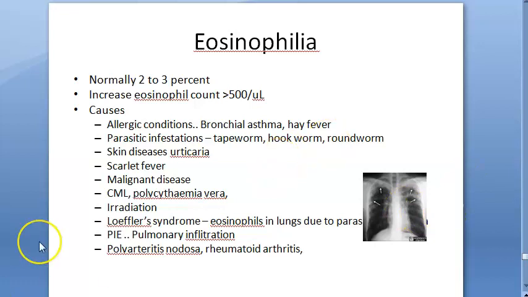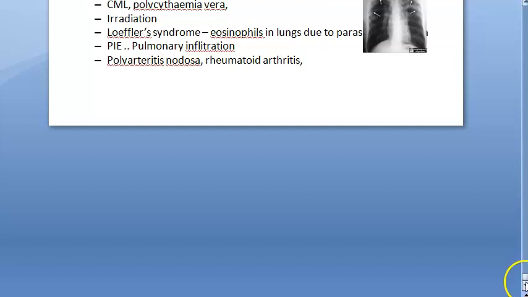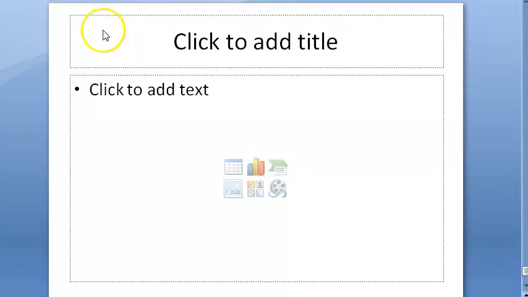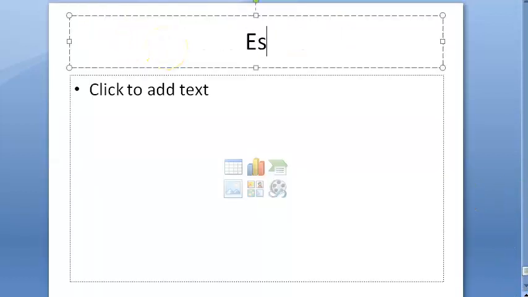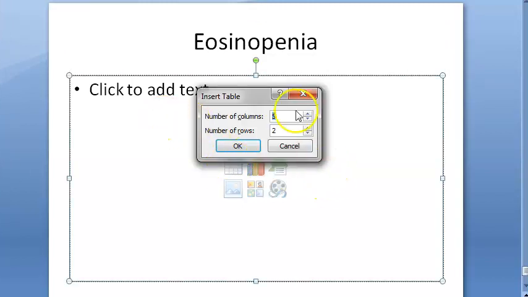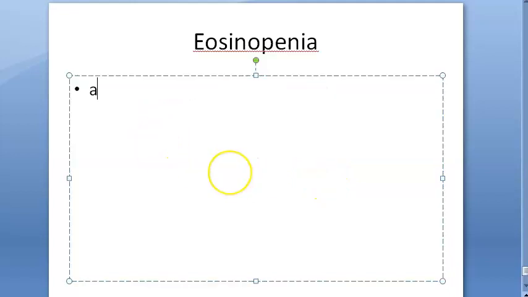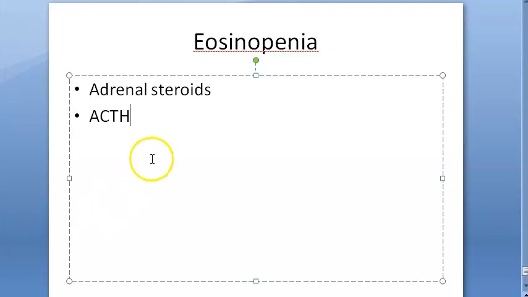Moving on, just a word on eosinopenia, that is a lower number of eosinophils. If the person is taking adrenal steroids or ACTH, they induce eosinopenia.